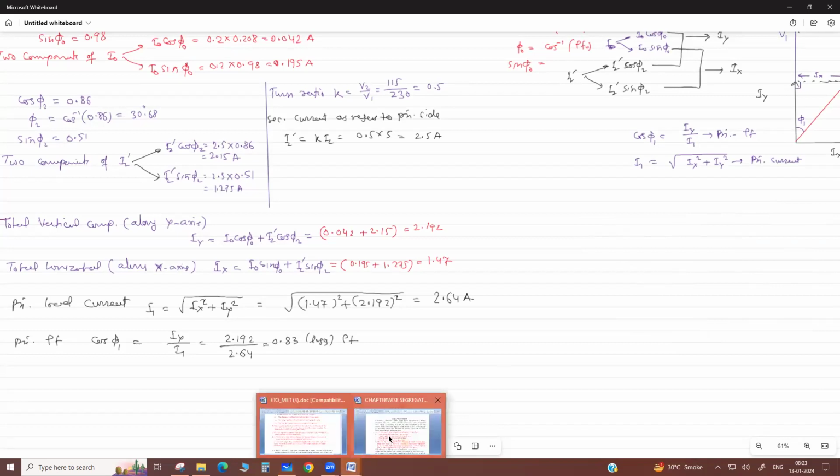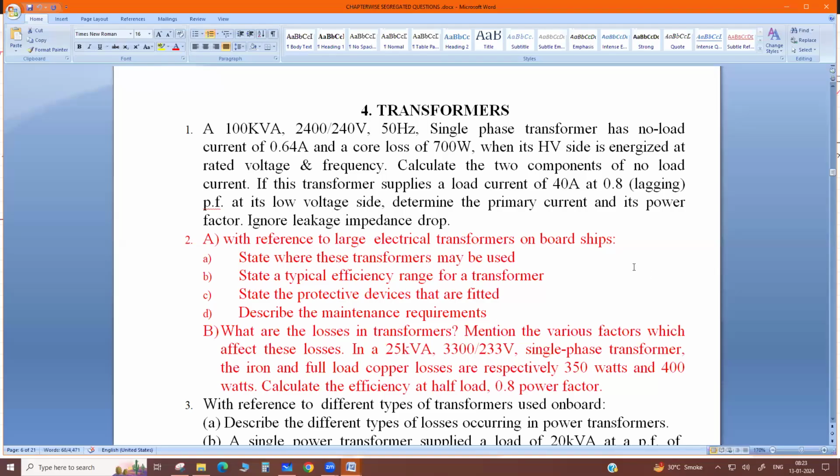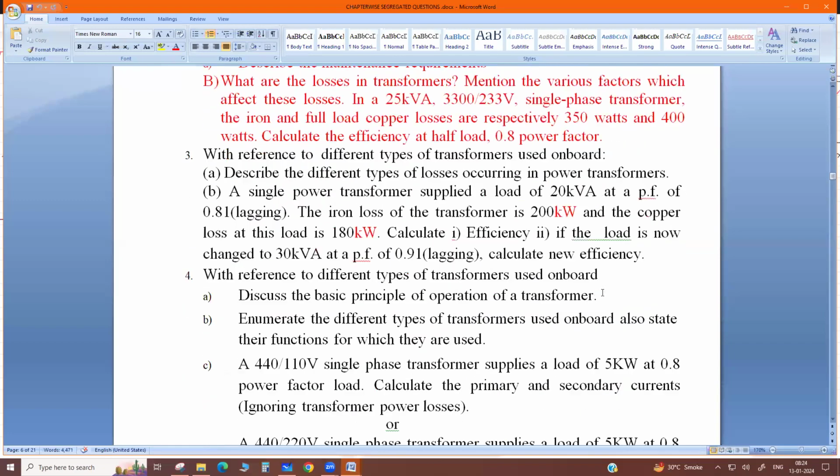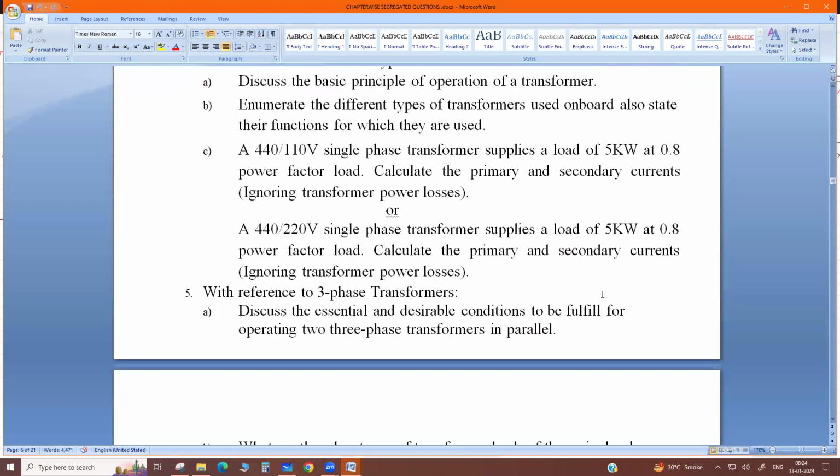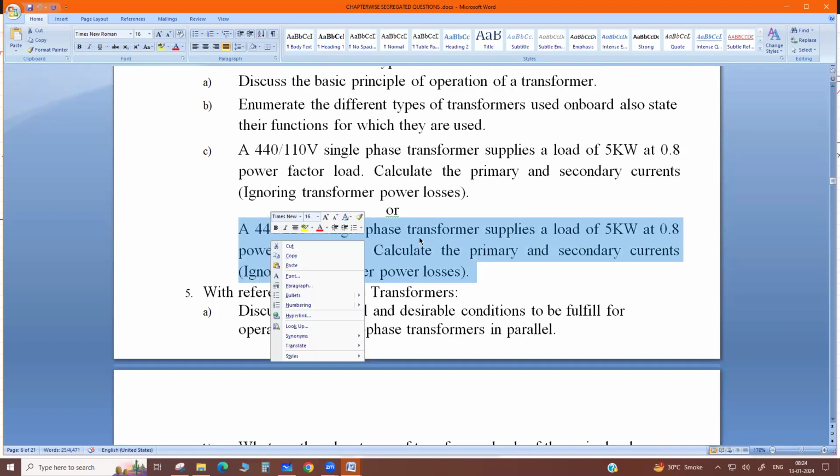There was one question. Let me tell you here. In that you can use this one: a single phase supply with a 5 kilowatt load. In this question, the turn ratio is 440 by 110, and here it is 220.